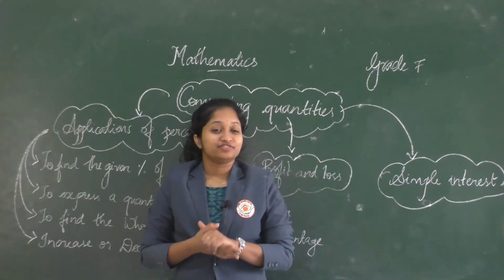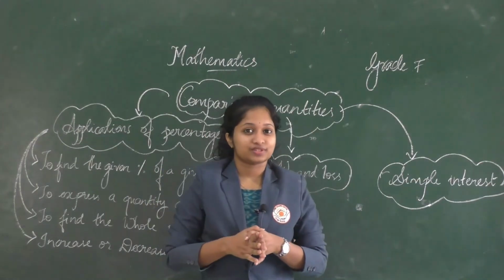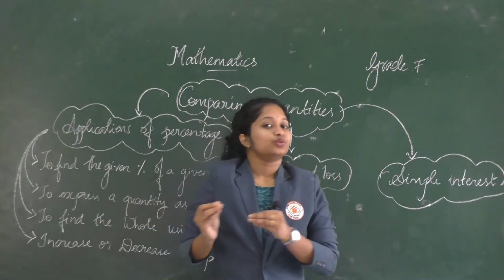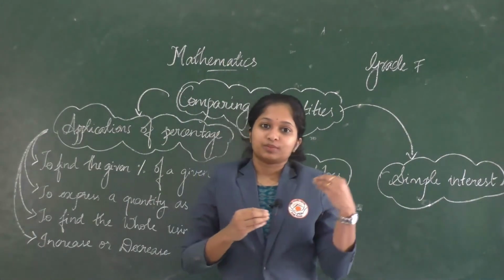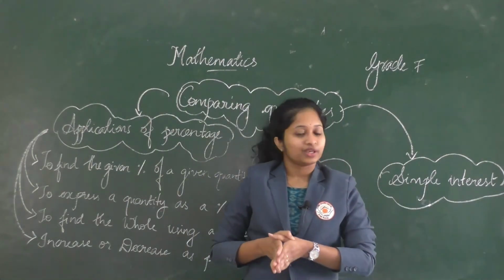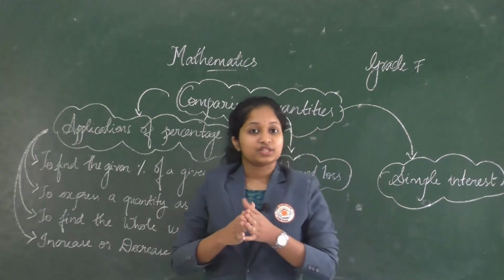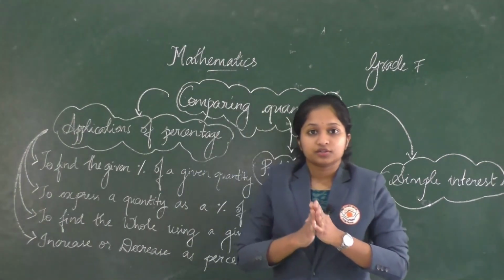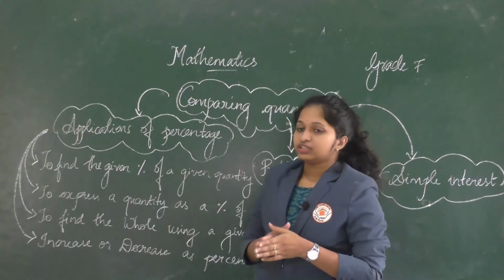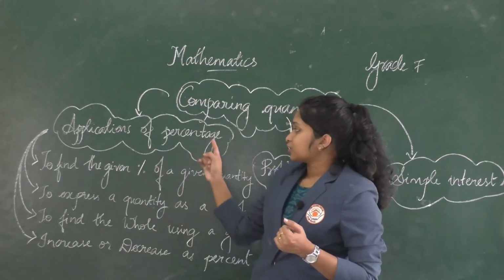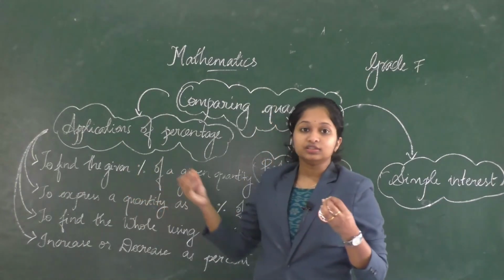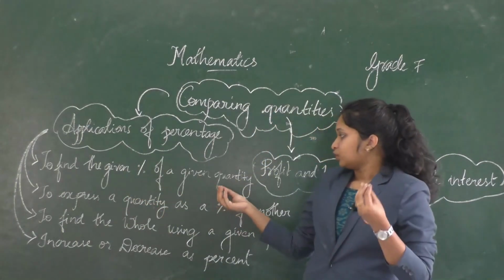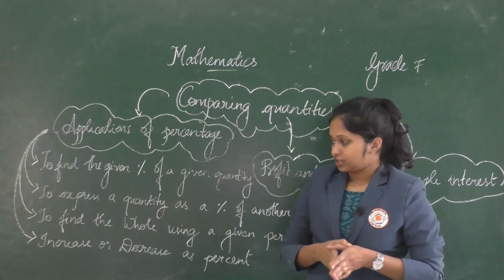So children, we learned about profit and loss, isn't it? Find some profit or loss related to real life applications. And what else did we learn in this video? We learned about the applications of percentage. We learned how to find the given percentage of a given quantity.